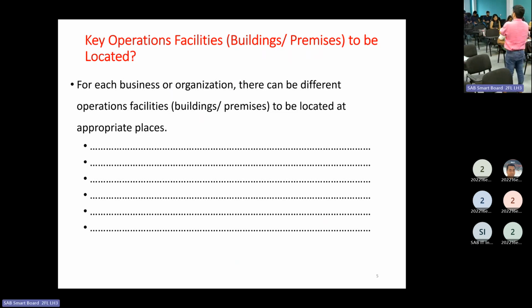Now, that can be of 2 types. One is raw material warehouses, where they store their raw materials, and finished goods warehouses. Finished goods are sent to the market. Warehouses should be located at the right places or strategically important places.